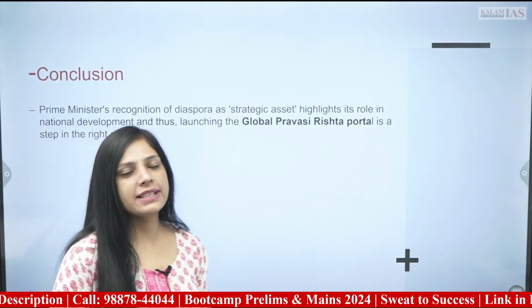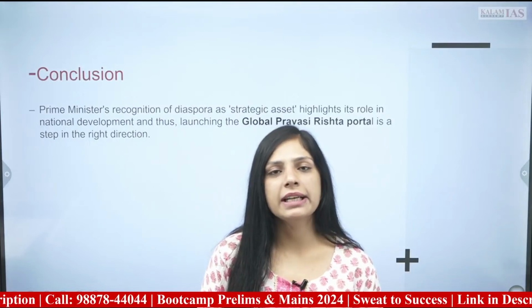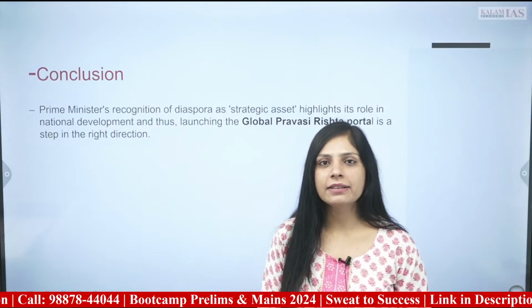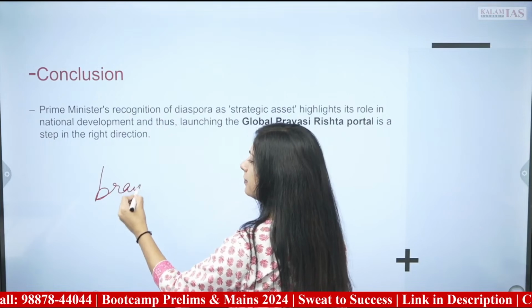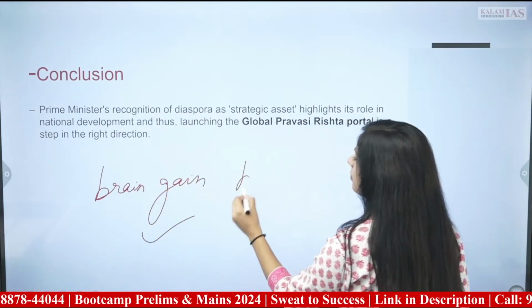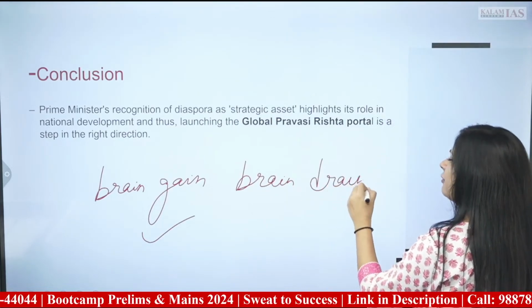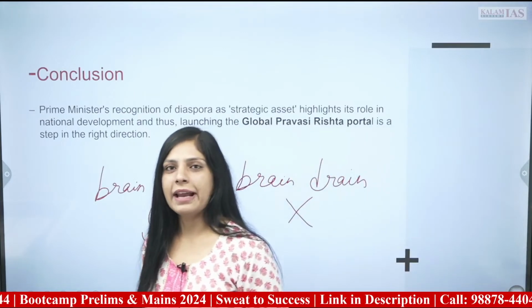See, as the diaspora is important, the importance associated with the diaspora by our Prime Minister can be highlighted here, right? Diaspora as brain gain and not brain drain. So these kinds of catchy statements can be used, right?